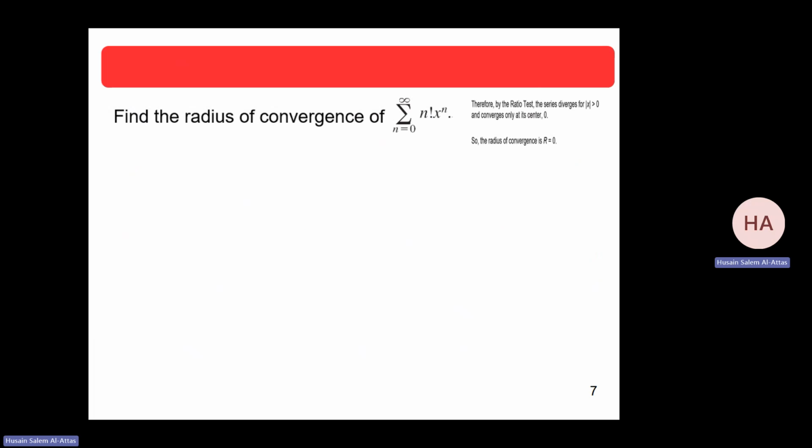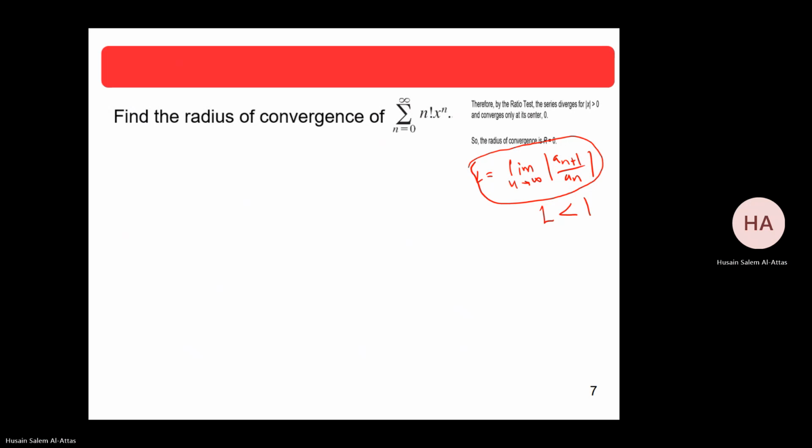Find the radius of convergence of this. Usually we use the ratio test. Sometimes we use the root test, but mainly we use the ratio test. And we know that for the ratio test, I have the limit as n goes to infinity of a_(n+1) over a_n, and what will control this? I need L to be less than 1.